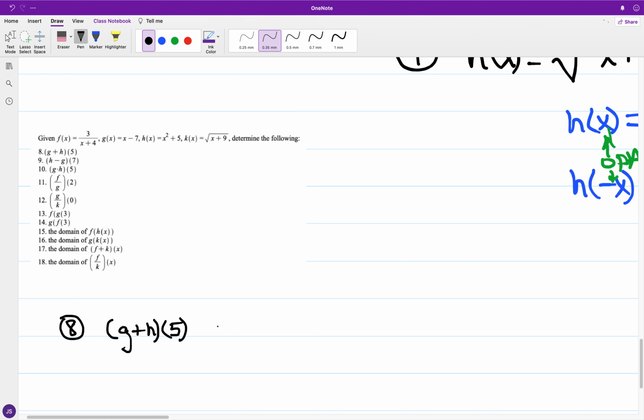Now we've got the sum function with a specified input value. So g plus h of 5 translates out to g of 5 plus h of 5.